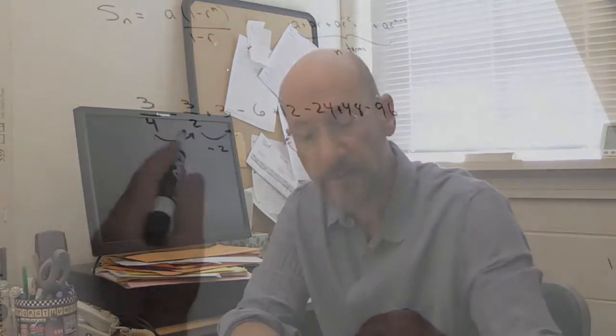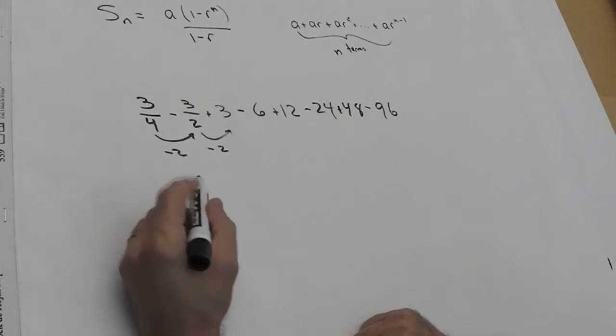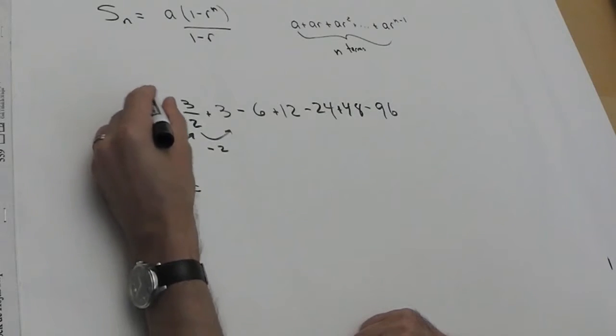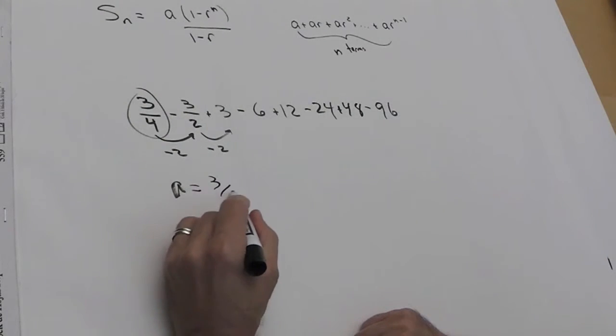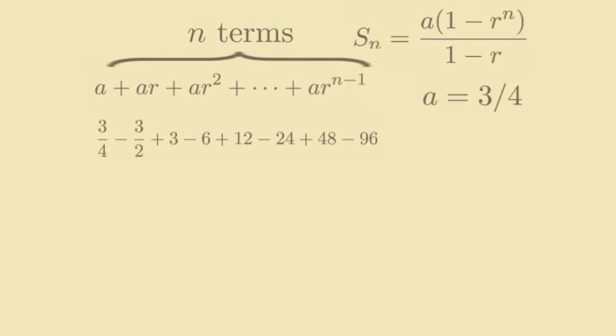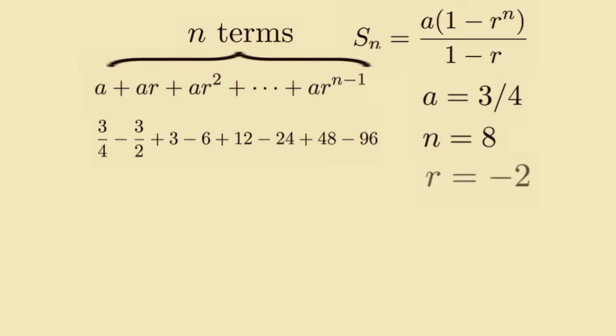So the first term in this series, which we called a, is 3/4. The number of terms in the series is 1, 2, 3, 4, 5, 6, 7, 8. So n equals 8. And the constant ratio, as we observed, which we're calling r, is minus 2.